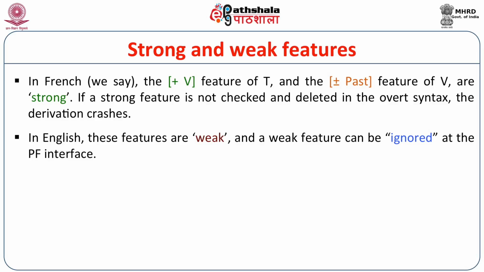We say that the plus V feature of tense in modern English is weak. It need not be deleted. It does not make the derivation crash. So there is a distinction between weak and strong features in minimalism.